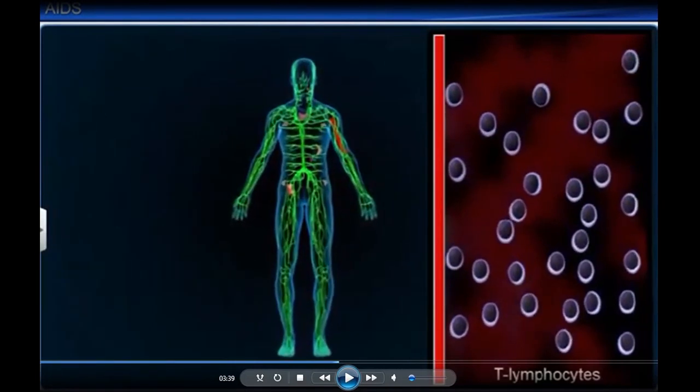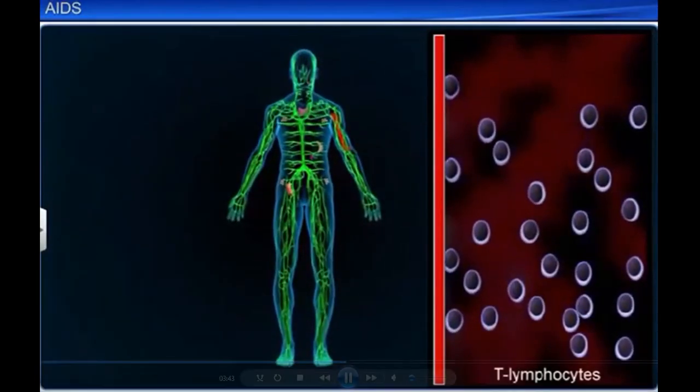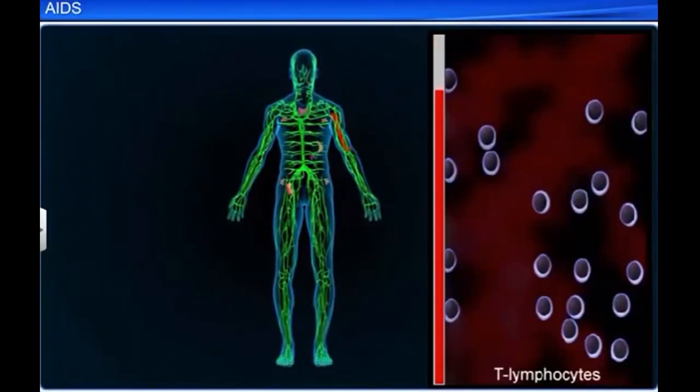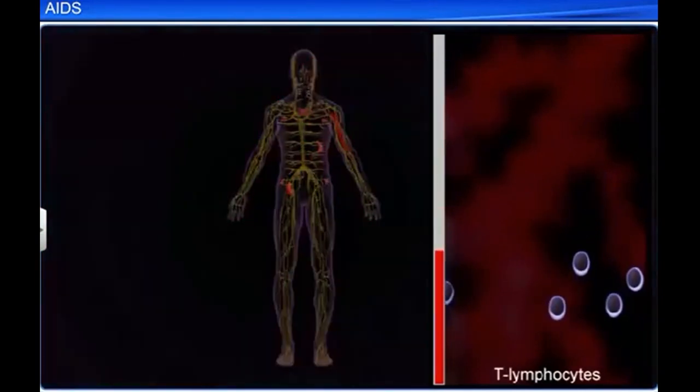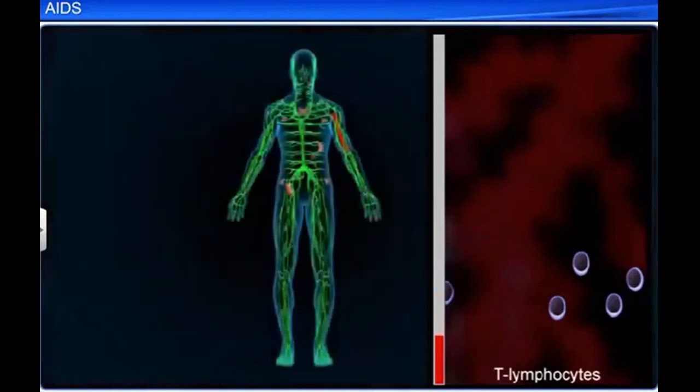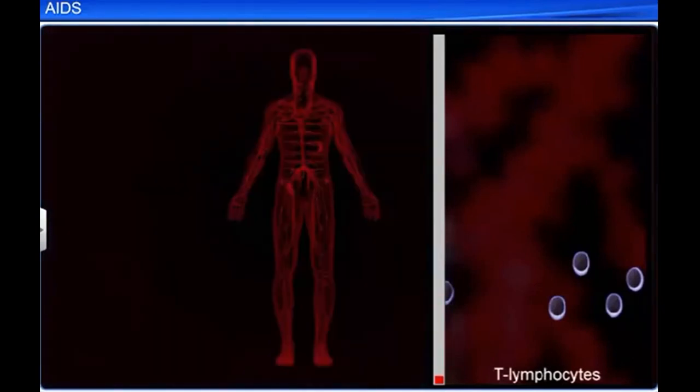The process continues till the number of helper T lymphocytes gradually decreases in the body, resulting in the decrease of production of antibodies. The person suffers from weight loss, diarrhea, and bouts of fever.